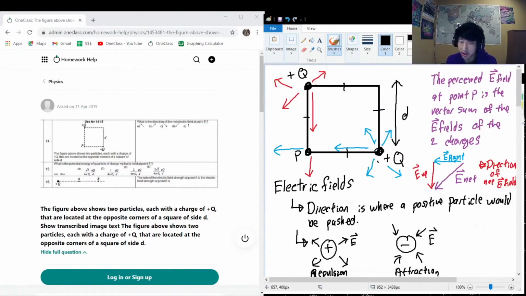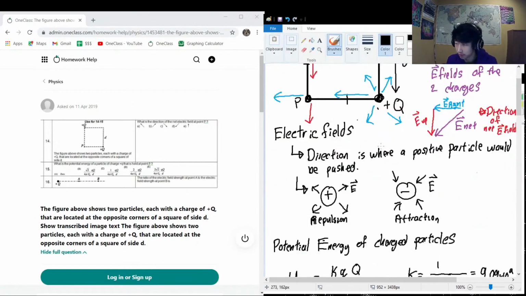So we find the potential energies of those individually, and then we add them together, and that will be our net potential energy as observed from a charge Q held at point P. Also keep in mind that it's positive, so it is like a repulsive thing, but we don't need to worry too much about signs because it's more of a magnitude thing.